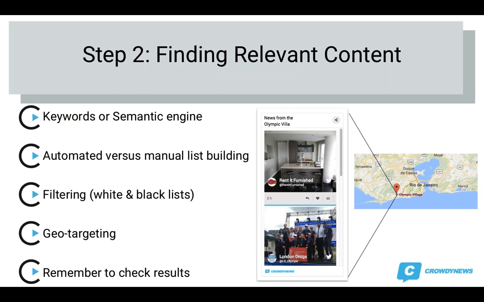Finding the right content also means you can use a specific geolocation to zoom in on content in a very specific region or area. And that's what's showing in this example on the slide here, which is around the recent Olympics in Rio. And in this particular case, the content is zooming in right around the Olympic Village and targeting content that's being geotagged from that particular area.